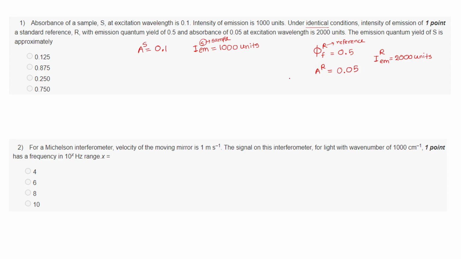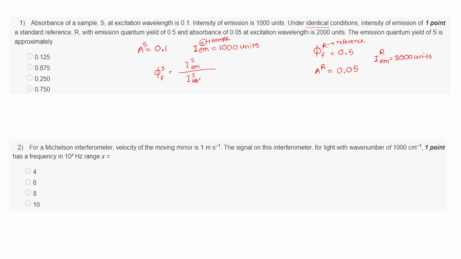So let us solve this. You know that phi f of a sample would be, can you tell me what should it be? I emission of that sample, whatever the photon being emitted by the photon being absorbed, right?